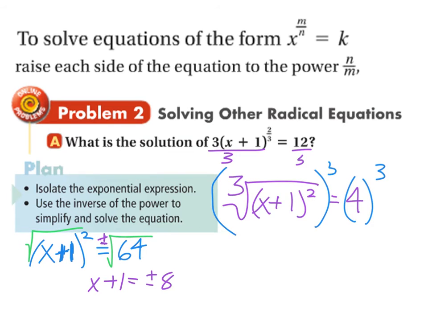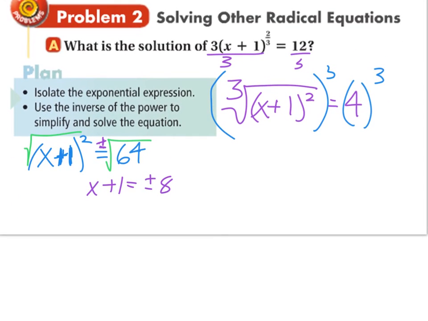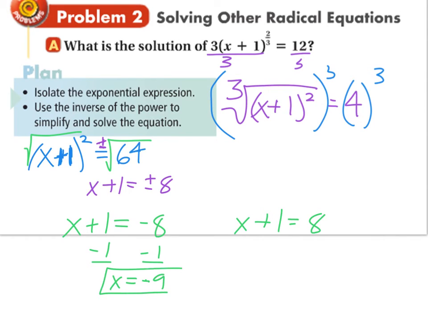So really that is two equations. That is x plus 1 equals negative 8, and x plus 1 equals positive 8. So we subtract 1 from both sides, we get x equals negative 9. And we subtract 1 from both sides, we get x equals 7.